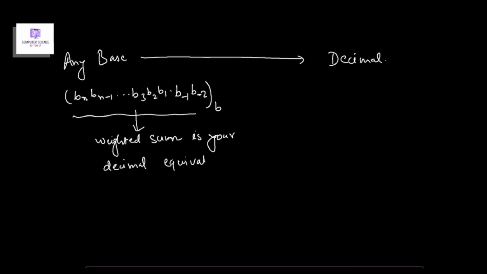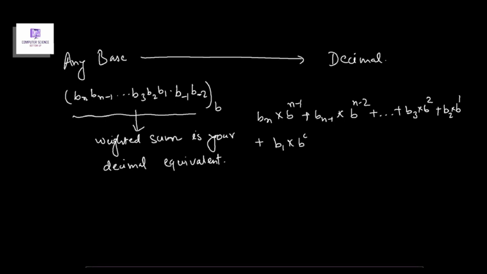The weighted sum is your decimal equivalent, and that is equal to bn into b to the power n minus 1, plus bn minus 1 into b to the power n minus 2, plus so on, b3 into b to the power 2, plus b2 into b to the power 1, plus b1 into b to the power 0.